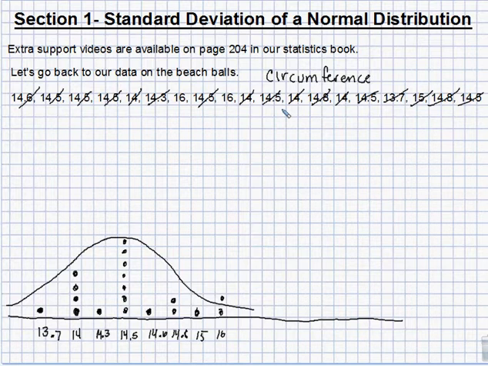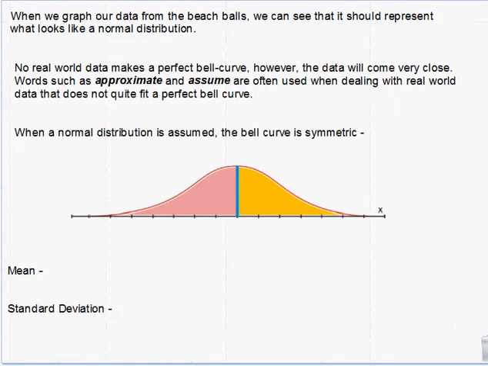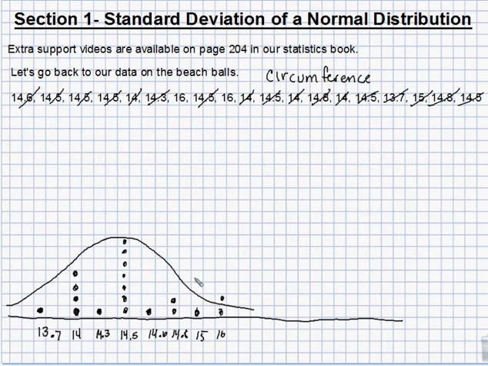But because we're individually blowing them up ourselves, and you push the little thing in and maybe air came out, it's not as perfect. But we can see that it should have represented a normal curve. Most of our beach balls had that high point in the center, with most of our data in the center and less going to the outsides.